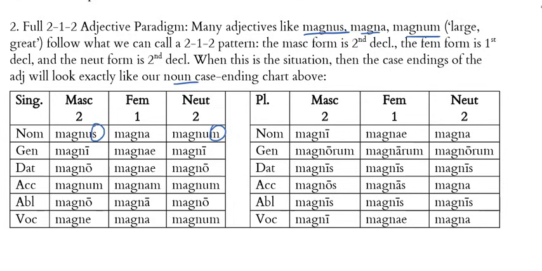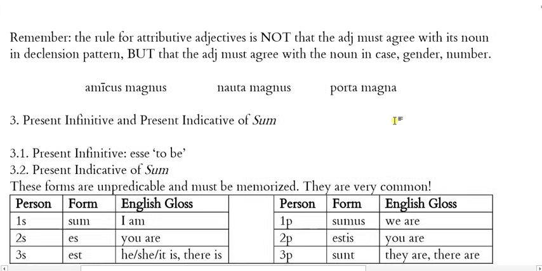So let's remember a couple of things here about attributive adjectives. Number 1, the rule for attributive adjectives is not that the adjective must agree with its noun in declension pattern. There's not a requirement that the declension pattern match. Rather, the rule is that the attributive adjective must agree with the noun in case, gender, and number. Okay, that's the requirement. They don't have to have matching declension patterns, just matching case, gender, number.